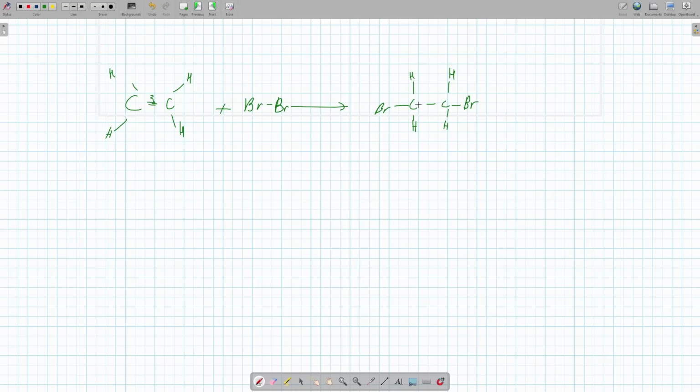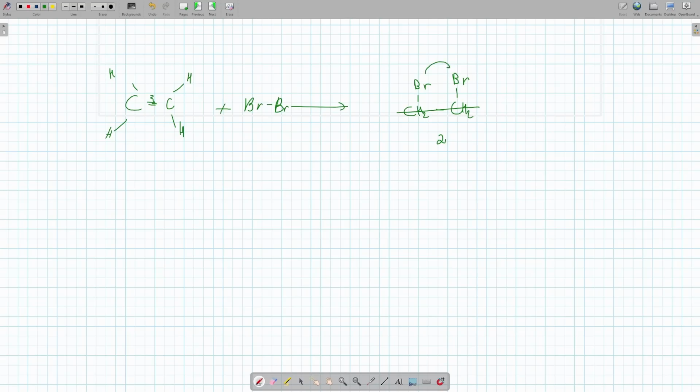It's a branch. This is the longest carbon chain, but it's branched to Br. In its structural formula it would look like this: CH2Br, CH2Br. This is your longest chain, made out of two carbons.